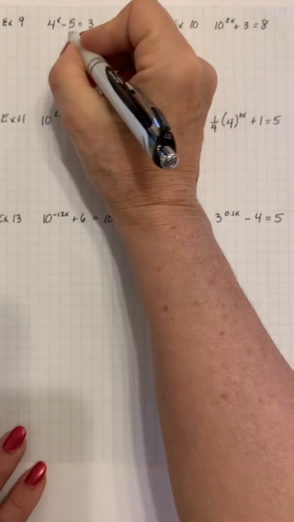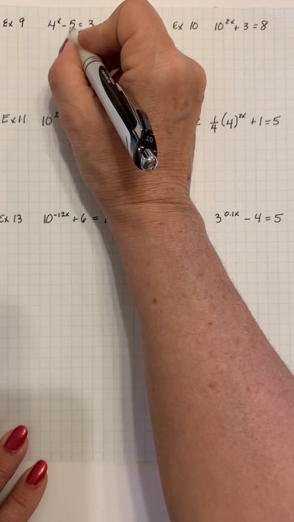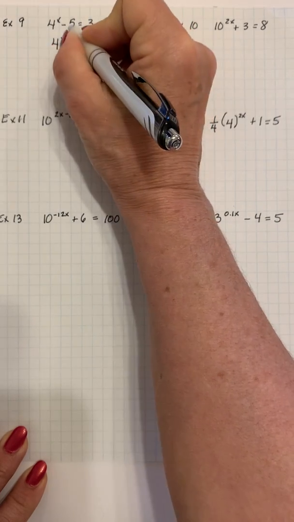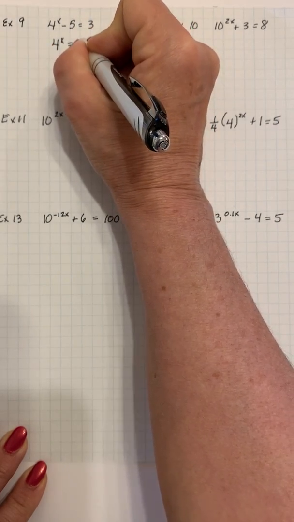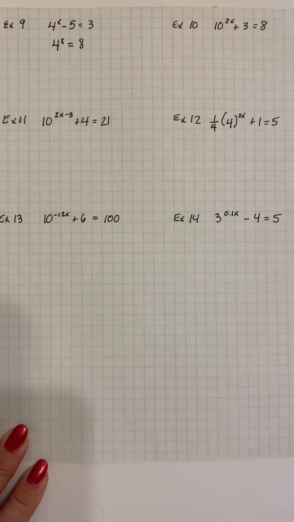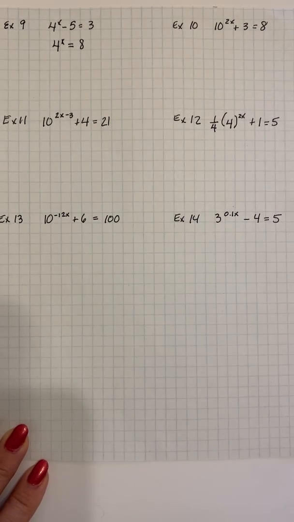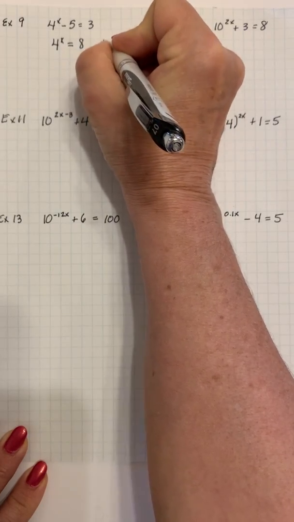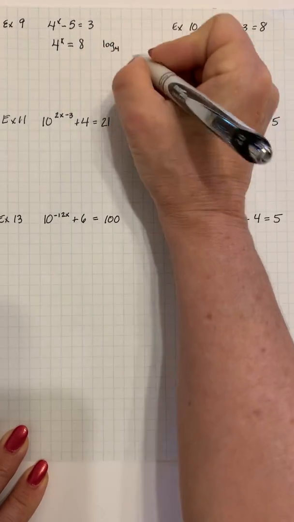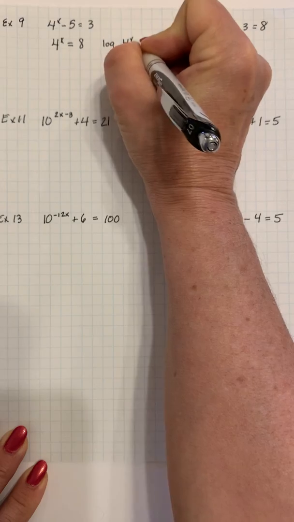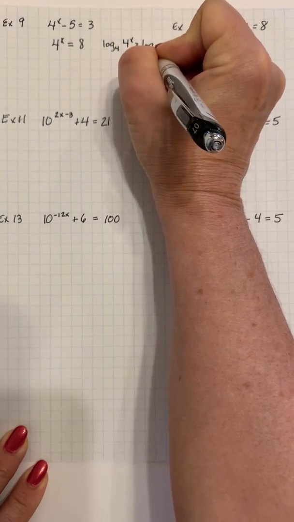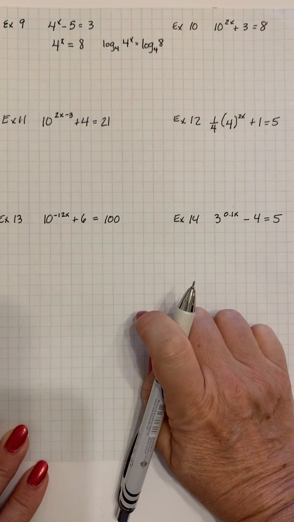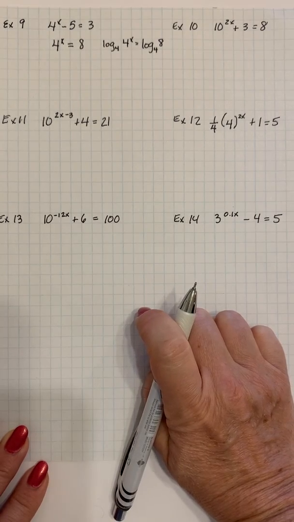In this case, we add 5 to both sides and we get 4 to the x is equal to 8. That one we could do log base 4 of 4 to the x is equal to log base 4 of 8. And then we use the change of base formula to find out what that is.